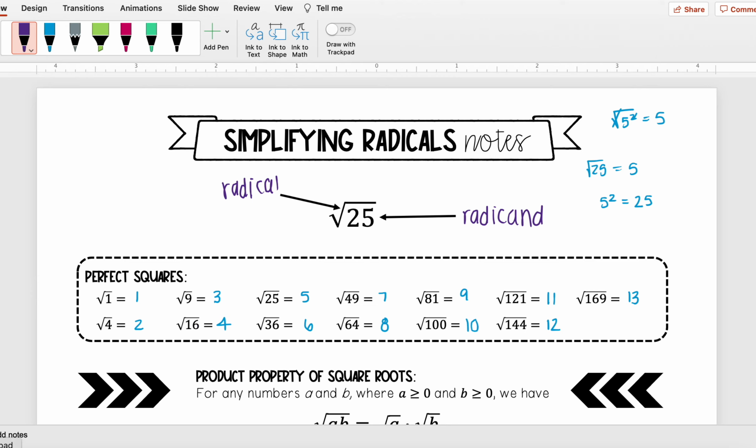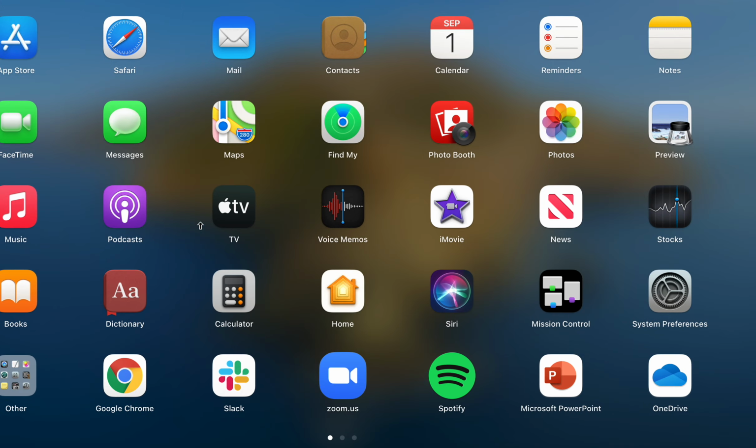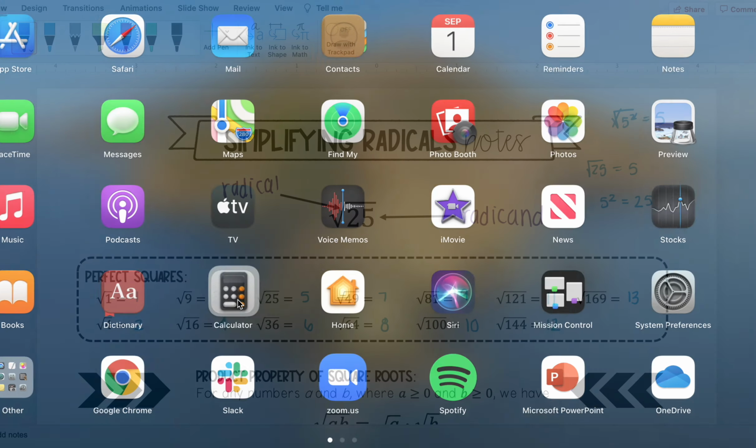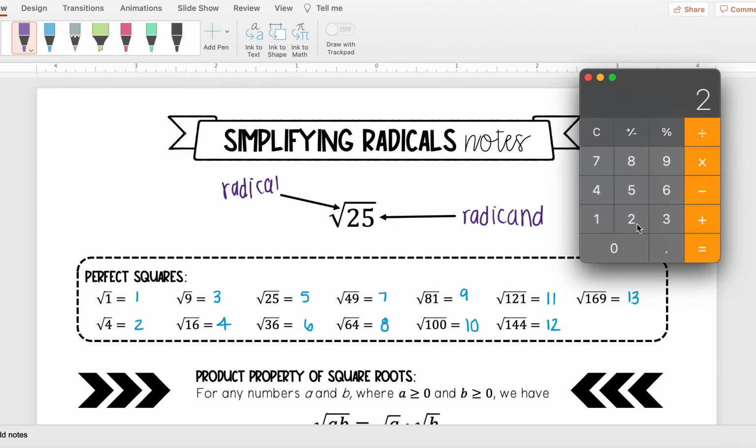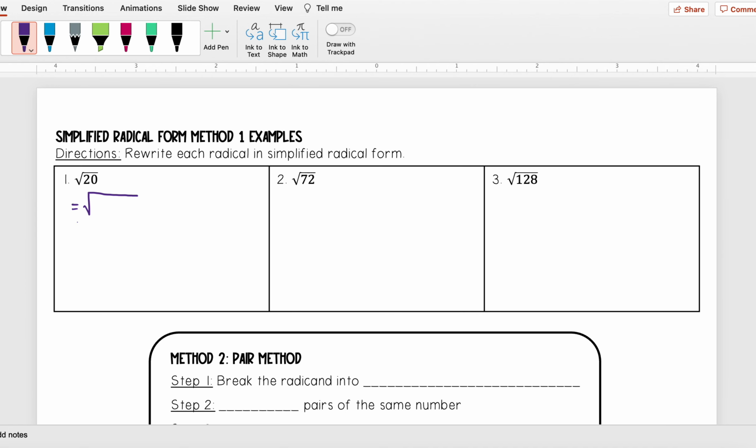Like I can start at 16, and let's say I pulled up my calculator, I can see if 16 divides into 20 evenly. I see it doesn't, so then let's try 9. Nope. Okay, and then we can try 4. Okay, and I see that 4 goes into 20 5 times. So I can rewrite 20 as 4 times 5.